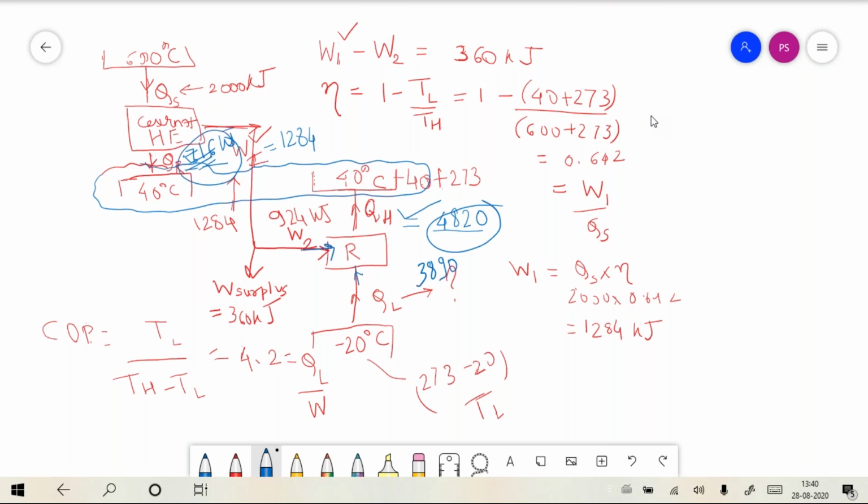You must have understood what is a refrigerator, and you must have understood how to write the energy balance. If you are comfortable with all these three, then you should be in a position to solve this kind of tricky problems.